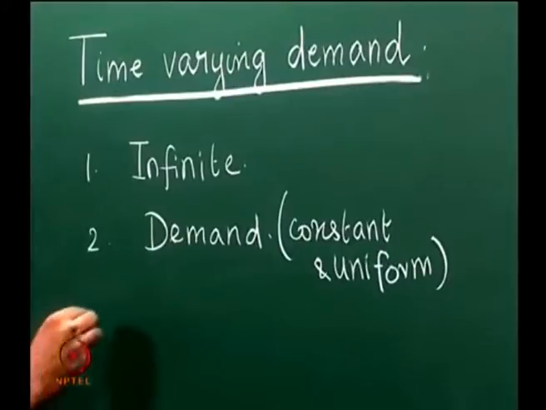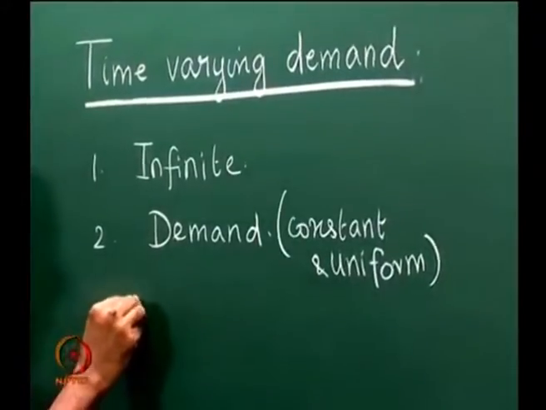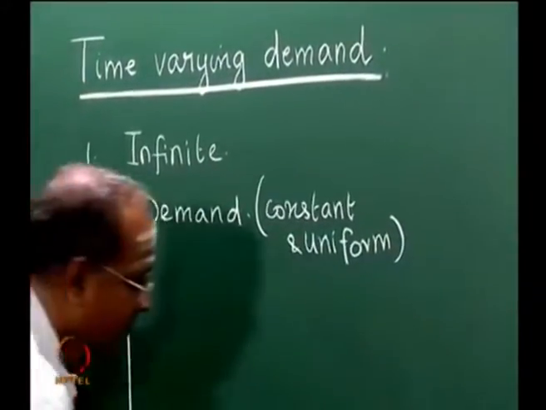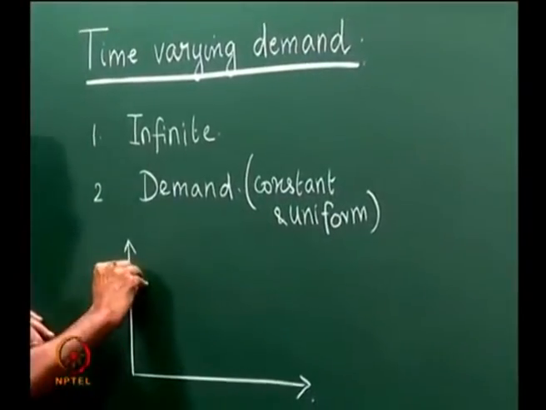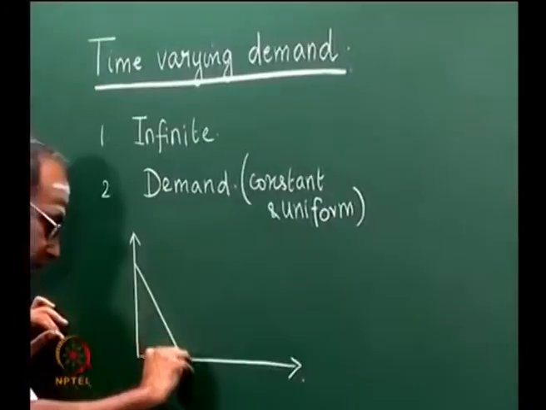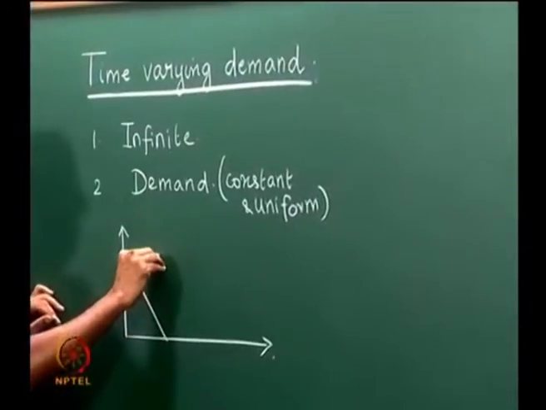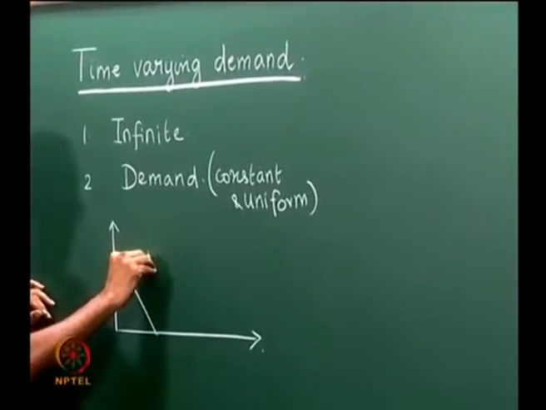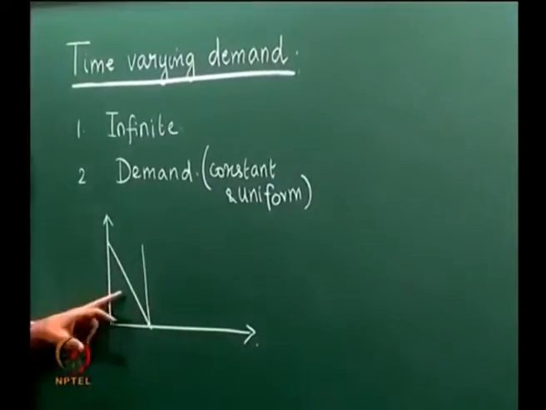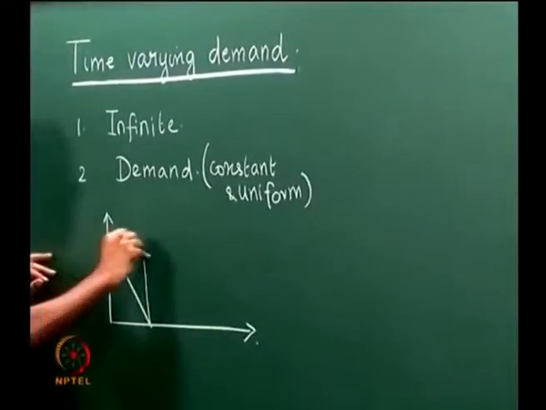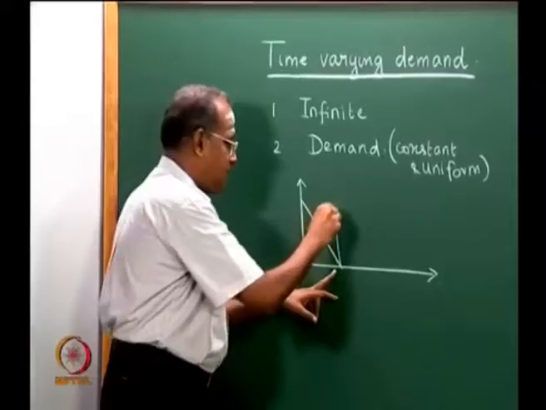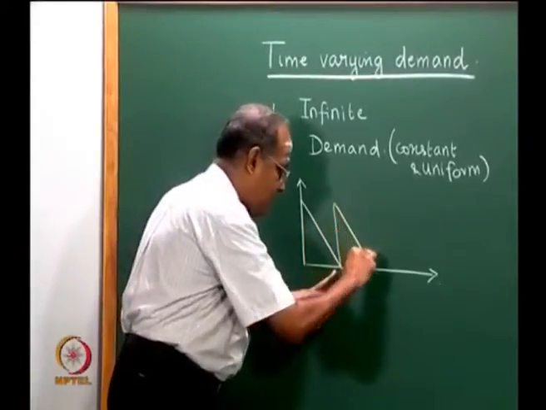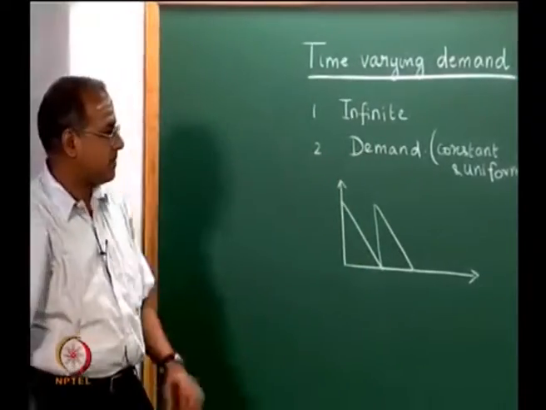For example, when we looked at the basic inventory model, which is the sawtooth model, we start ordering at Q. At time equal to 0 we order a Q and it is instantaneously replenished, and then it is consumed till the inventory reaches 0, and then another order is placed, and this process continues.